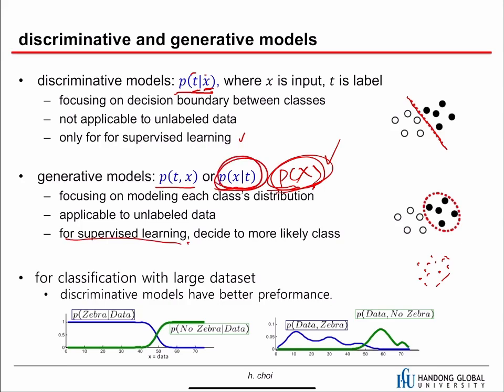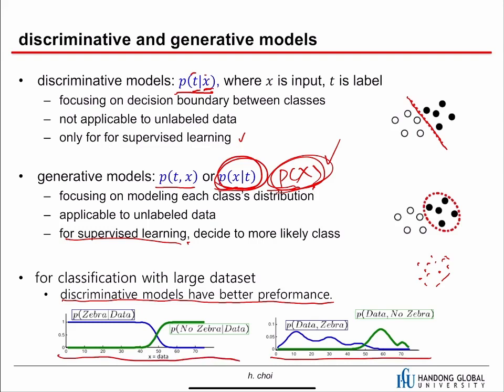For classification with a large data set, discriminative models have better performance, obviously, because if it is a classification, then discriminative models are better. But we can also use generative models for classification, in this way. This is one example of generative models, and this one is an example of discriminative models.